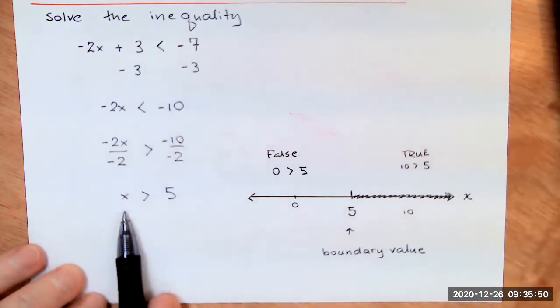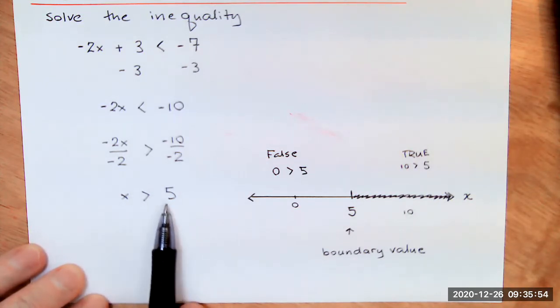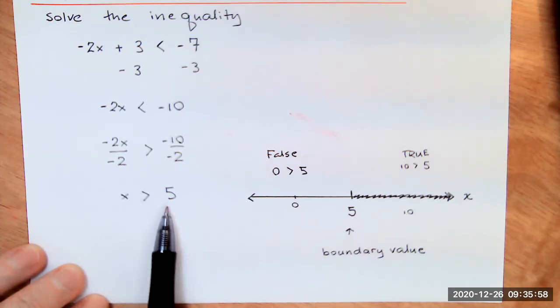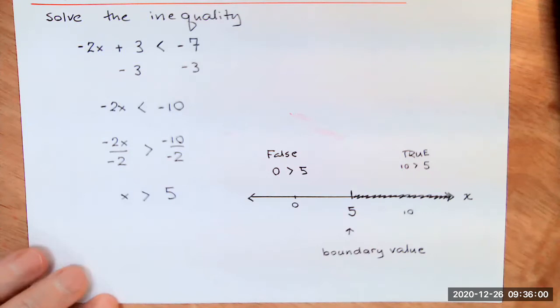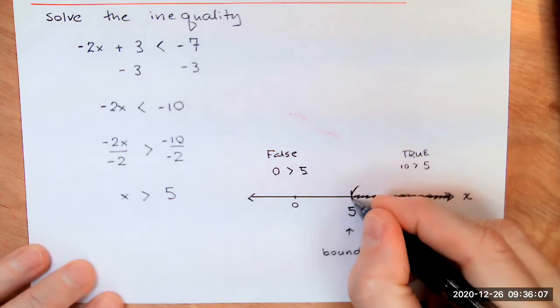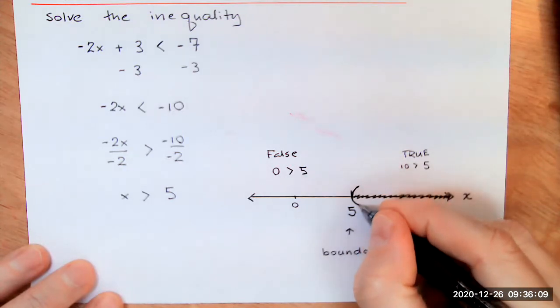And this is a strict inequality, meaning x is greater than 5, not greater than or equal to 5. So 5 is not included in our solution set. And you can either use an open circle or a curved parentheses.